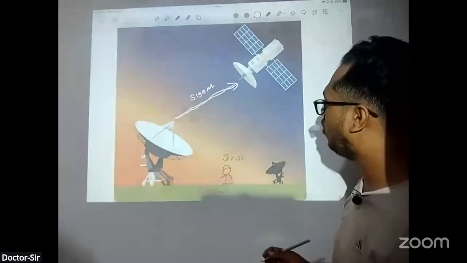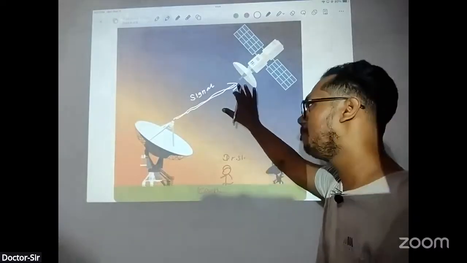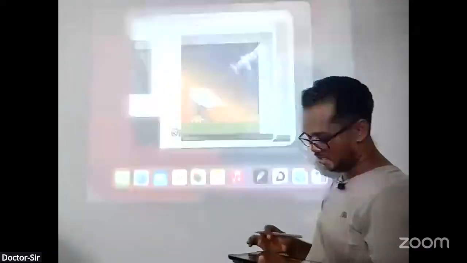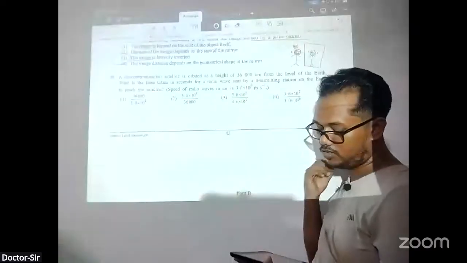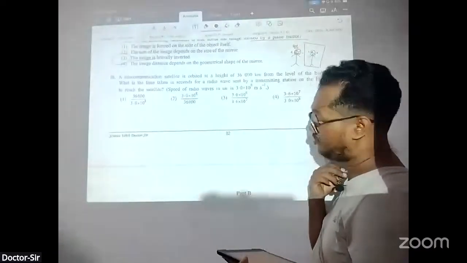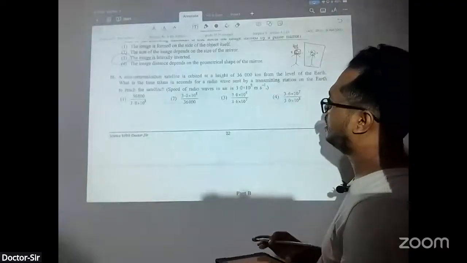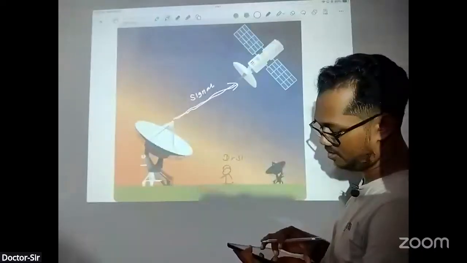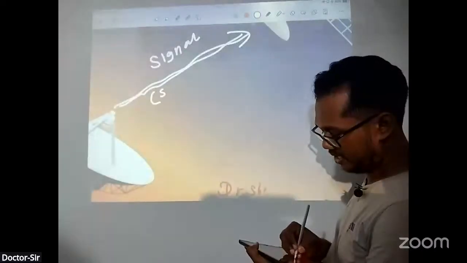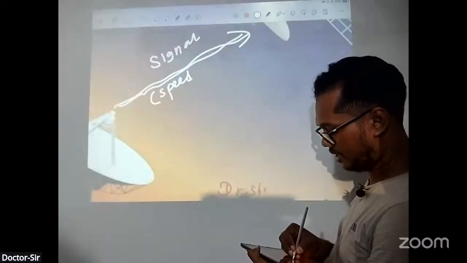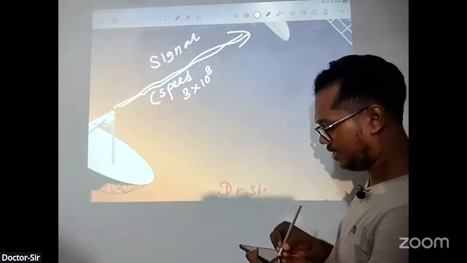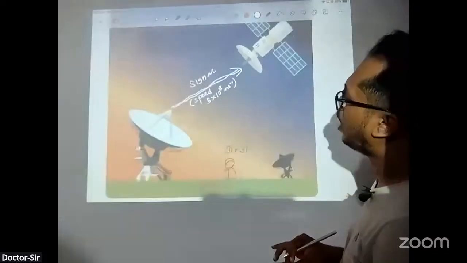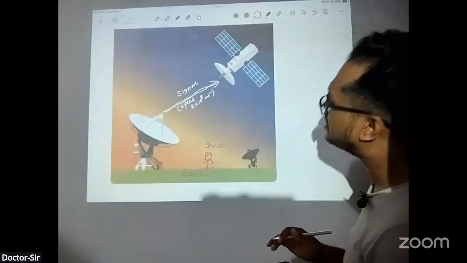Now we know the speed of this signal, because they have given it in the question. So what is the speed? 3 multiplied by 10 to the power 8 m s to the power minus 1. So this is the speed. But how much distance or height should this be?